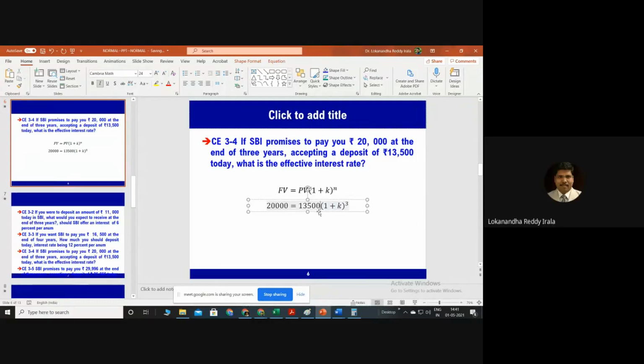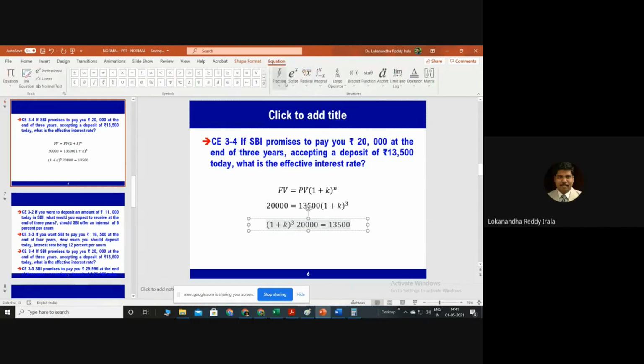So how do we do this? 1 plus k whole to the power of 3 is equal to 20,000 divided by 13,500.